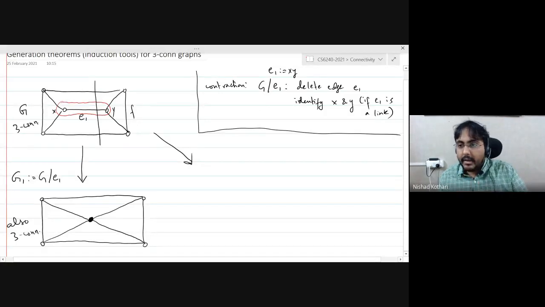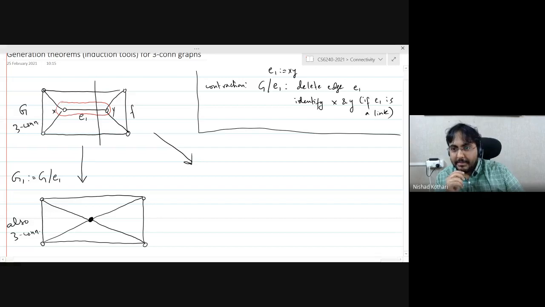Shivam has a comment. If the formed graph after contraction is simple, can you expand on that, please? Oh, I see.